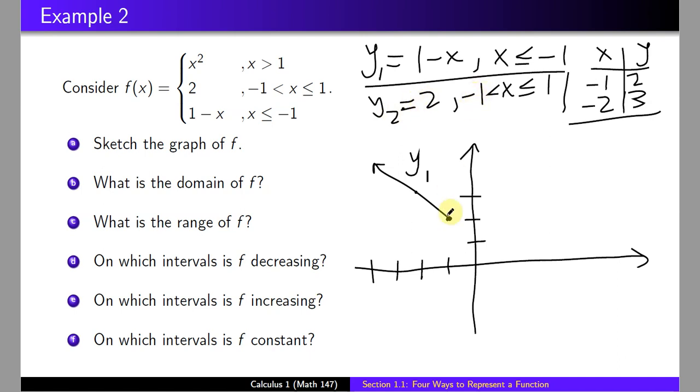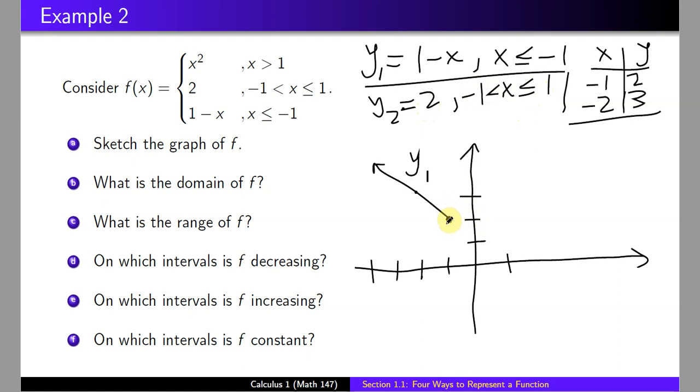Now, at -1, we're not going to include that point for y2, but the height coincides with where y1 left off.